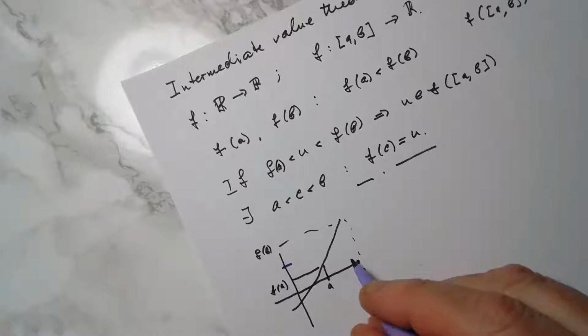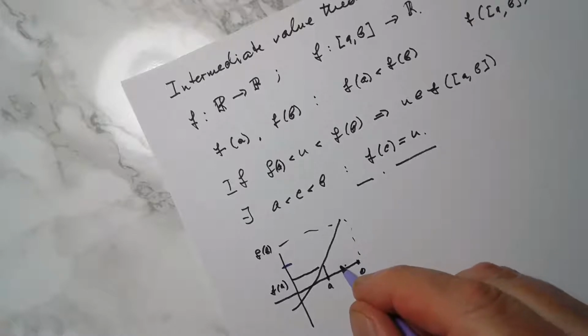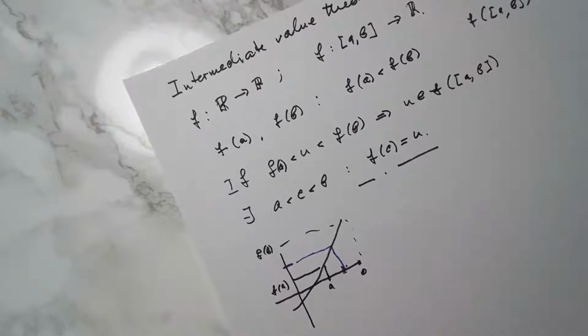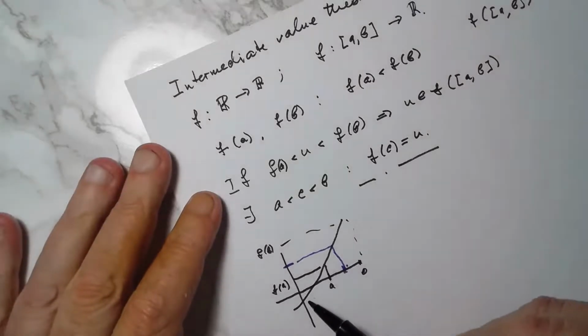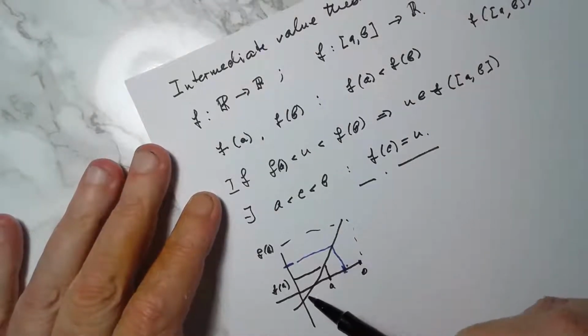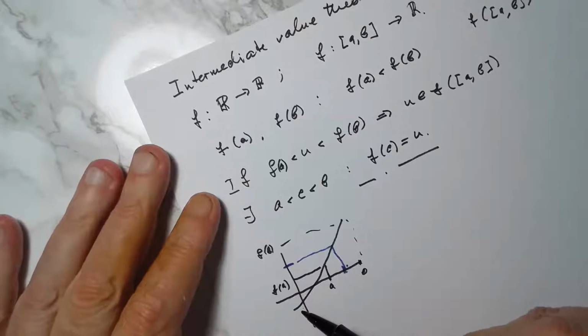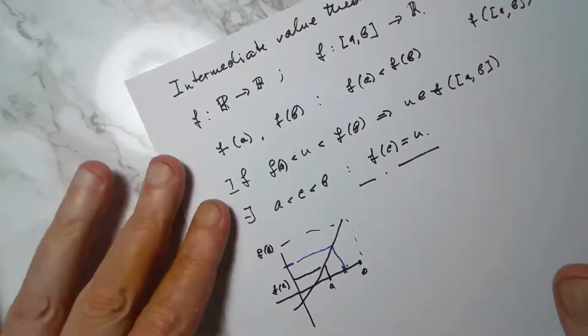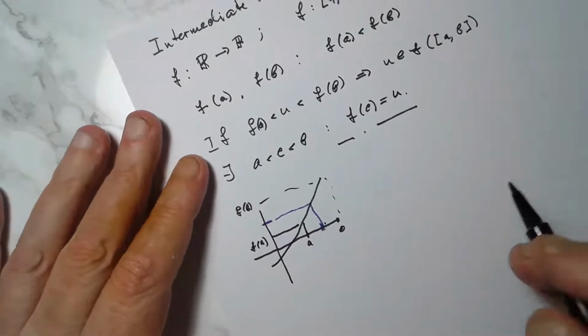And so there will exist a point between A and B such that the function takes exactly that value. Now, remember how we discussed continuity, and this is kind of close to what we want. It says that if you have a continuous function, then it cannot go from one point to another without skipping the parts in between. That was at the very, very beginning.